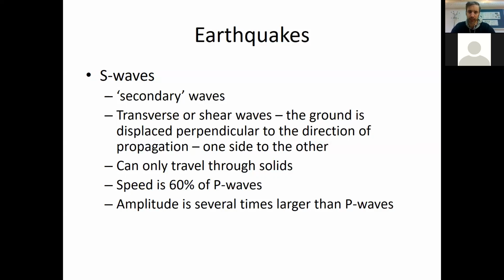When you have an earthquake, what destroys your house or your bridge or whatever, it's these secondary waves that arrive a little bit later. And they have larger amplitude because materials are less stiff in bending than in compression.